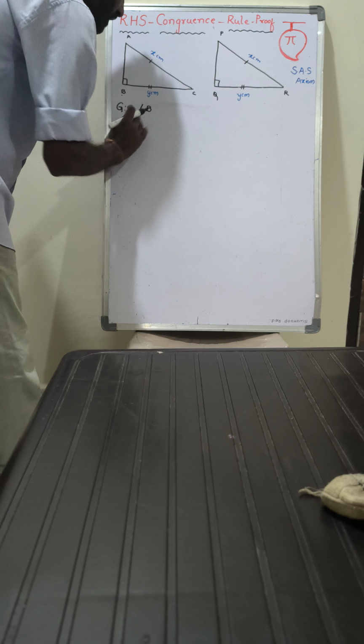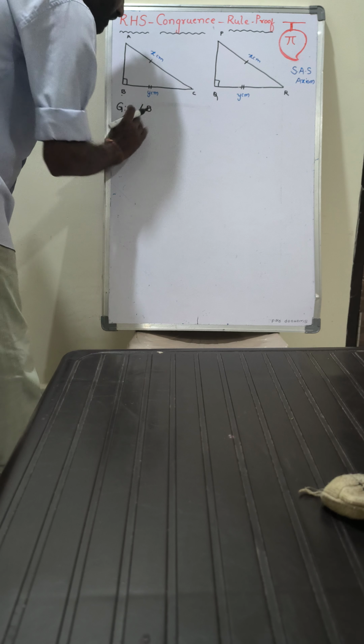Hypotenuses are equal. Such that right angle triangles, such that angle B is equal to angle Q is equal to 90 degrees. This is one statement. Next, their hypotenuses are equal: AC is equal to PR. Next, BC is equal to QR. So this is the given information.